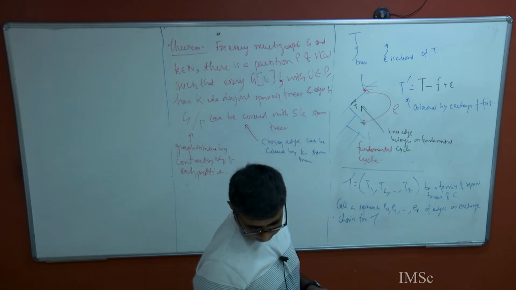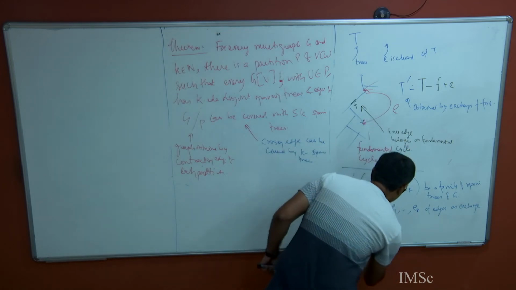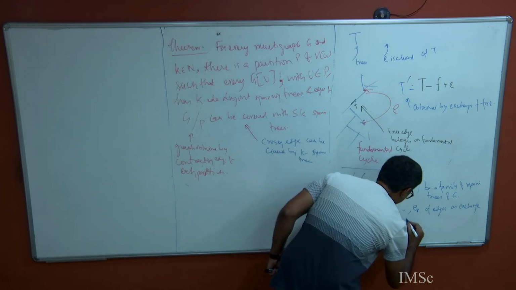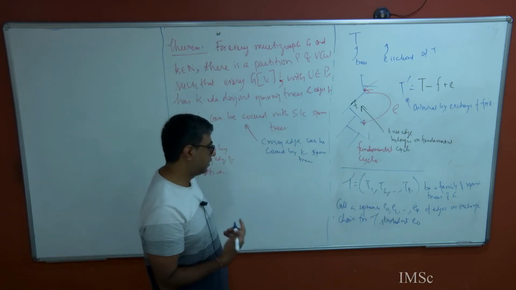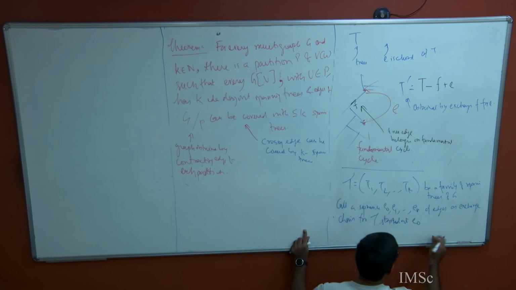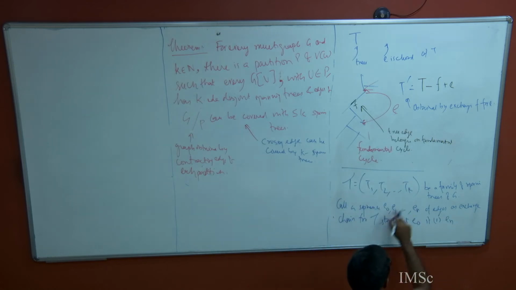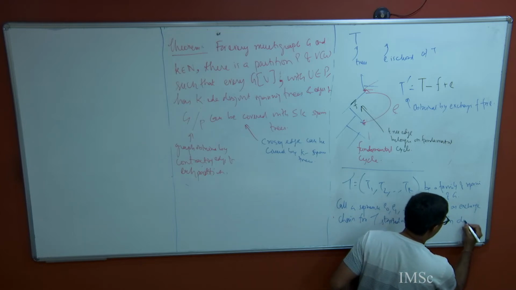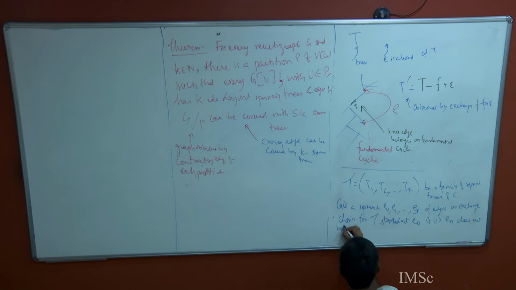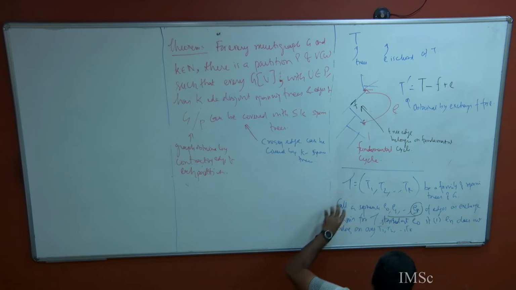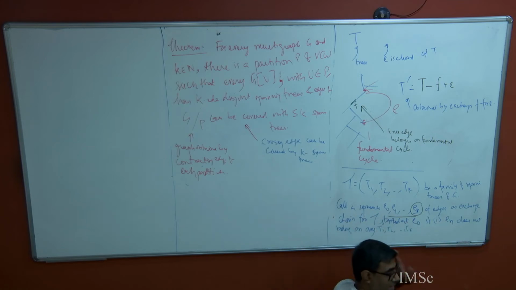An exchange chain for T started at E0 if first, En, the last edge, does not belong to any of T1, T2, Tk.